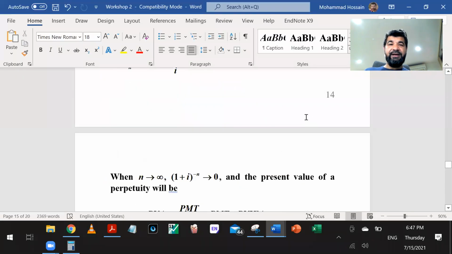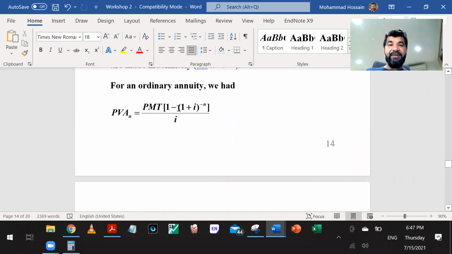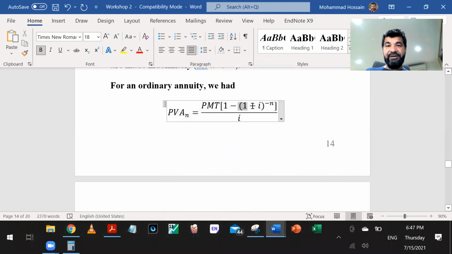All right, so in this case this number becomes 0. If this becomes 0, look, payment times 1 divided by i, which means payment divided by interest rate. That's it.